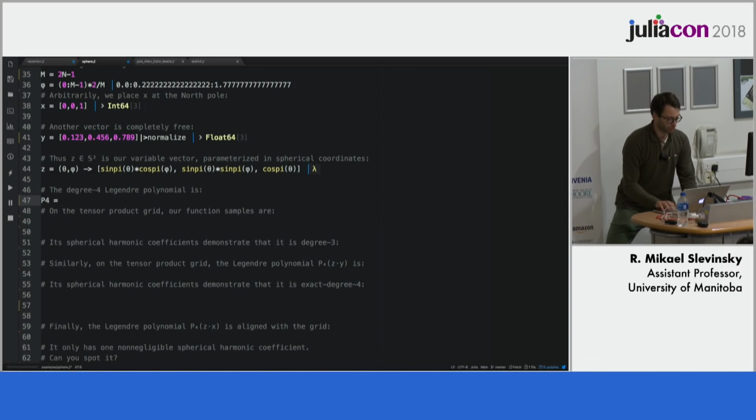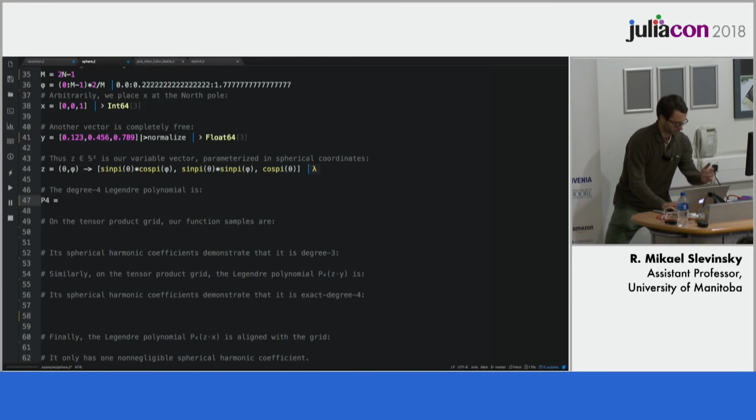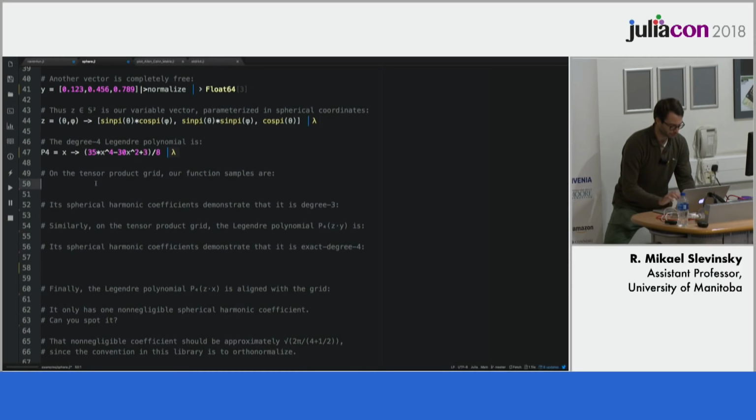Let's work with a degree 4 Legendre polynomial so that this conforms with our grid that we've chosen. So this polynomial here is 35 times x to the 4 minus 30x squared plus 3, all that divided by 8. Okay. And here we can say f is equal to p4 of z of theta and phi. I'm just going to copy this so I don't have to do it many times.